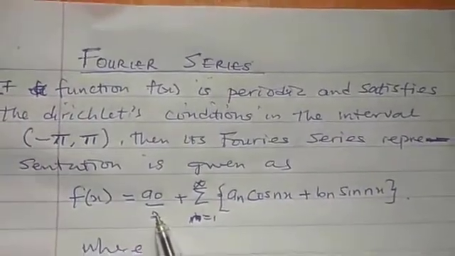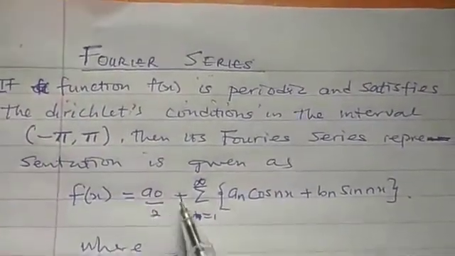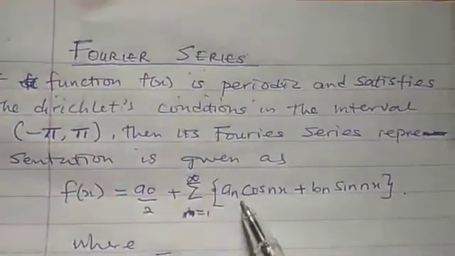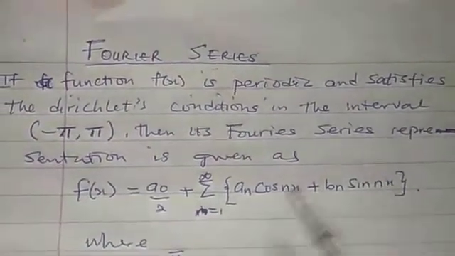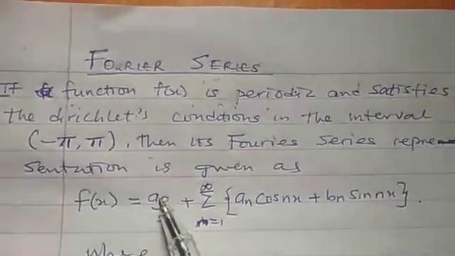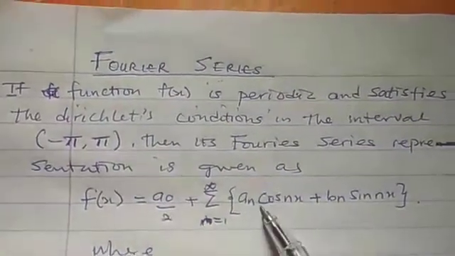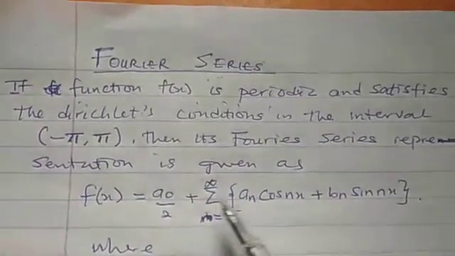F of x is equal to a naught over 2 plus summation n from 1 to infinity of an cos ns plus bn sin ns.